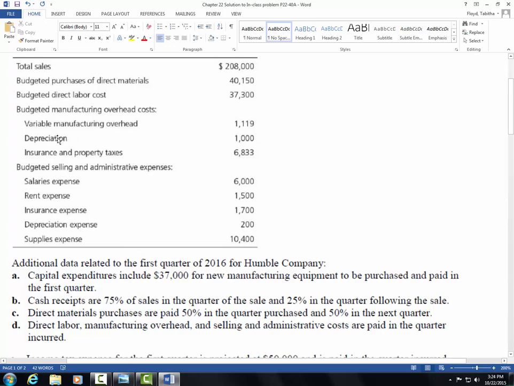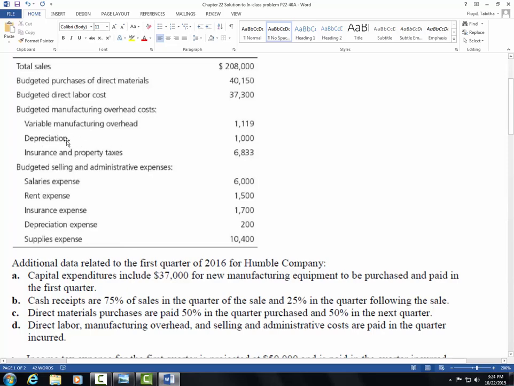Depreciation is an expense, but it's not a cash payment. The cash actually went out when we purchased that asset. The depreciation is just where we're amortizing the cost of that asset and recording it as an expense on our income statement. But the cash went out when we bought it.